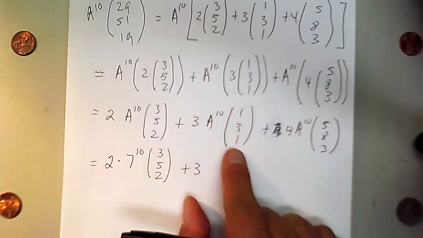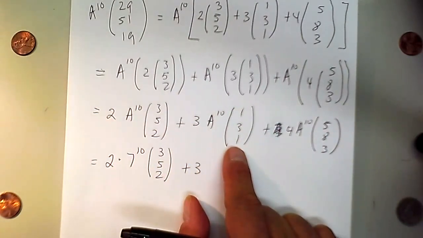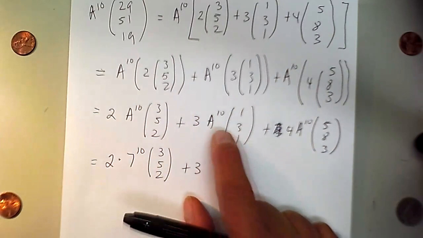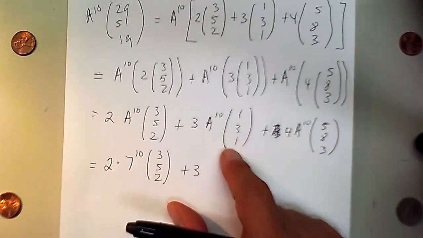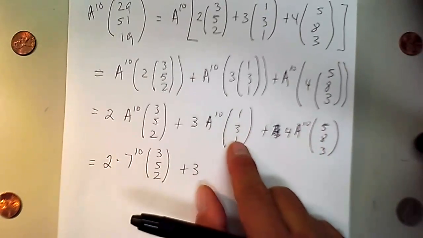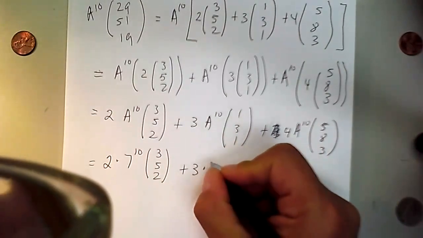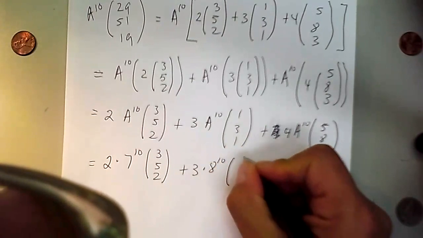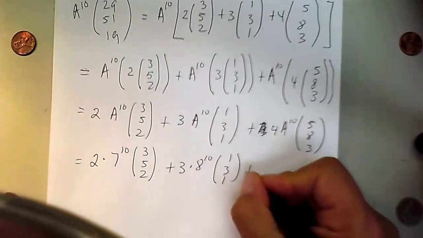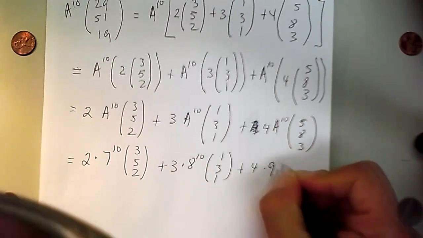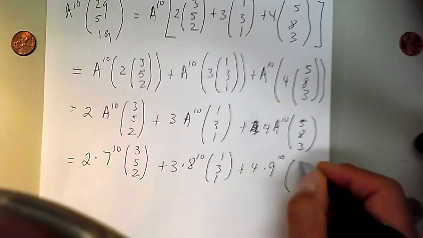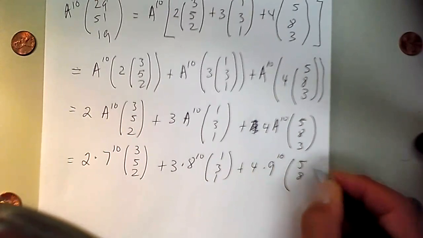Now, this eigenvector, when applying A to it, we don't get 7. This corresponds to the second eigenvalue, which is 8. So we end up with 8 to the 10 times (1, 3, 1), plus 4 times. That corresponds to 9, so 9 to the 10 times (5, 8, 3).